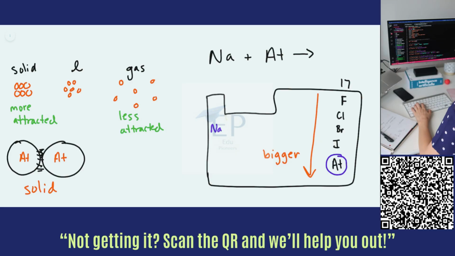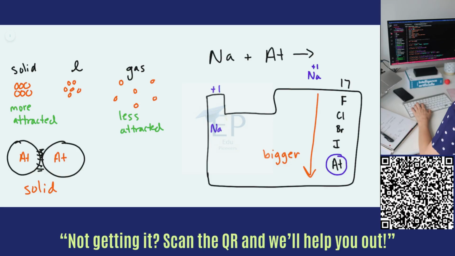We know that because we're combining a metal and a non-metal, we're going to have an ionic compound, which means we need to balance out the charges to create our formula. Because sodium is in group 1, when it forms an ion, it will lose one electron and take on a +1 charge. Astatine, on the other hand, because it's in group 17, is one away from having a full shell.